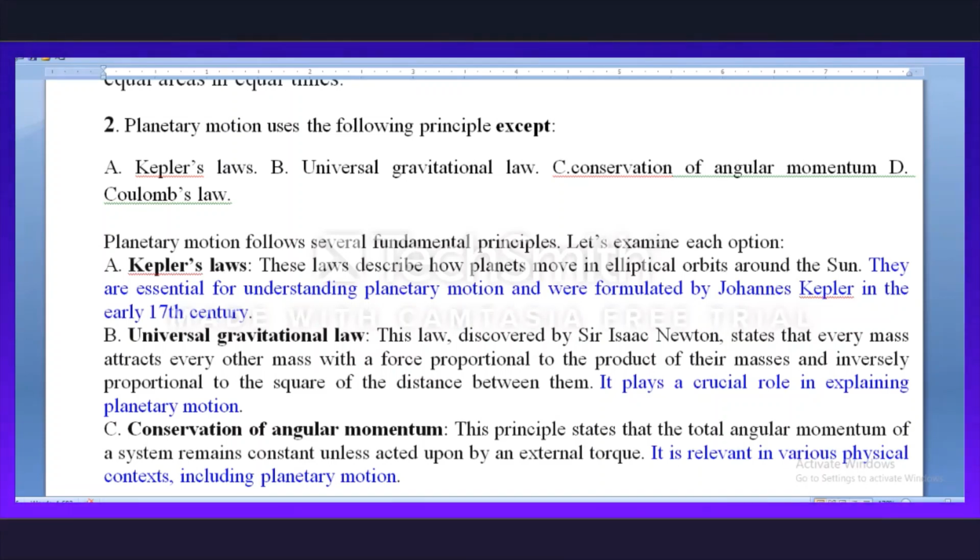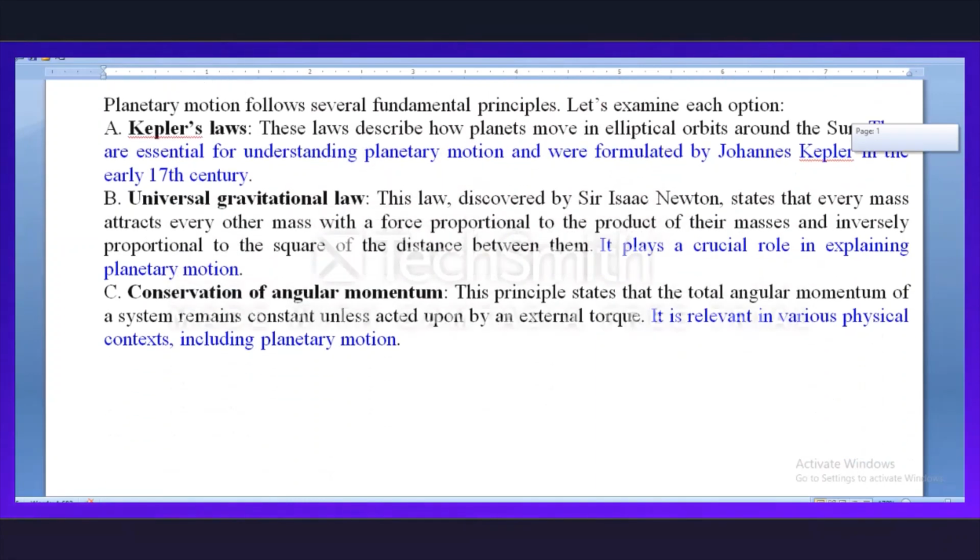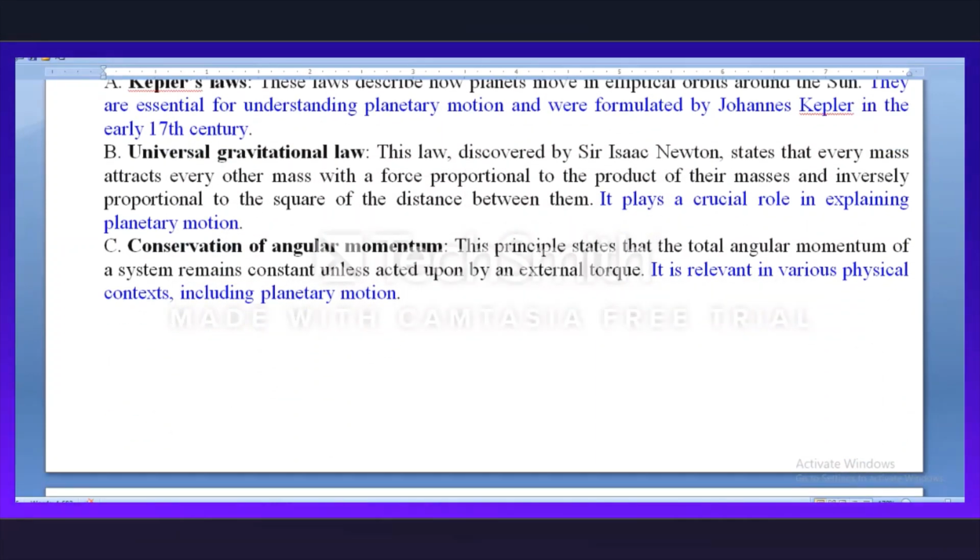The third one, conservation of angular momentum. This principle states that the total angular momentum of a system remains constant unless acted upon by an external torque. It is relevant in various physical contexts, including planetary motion.